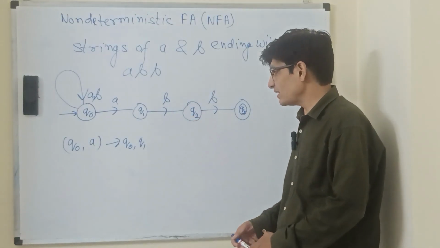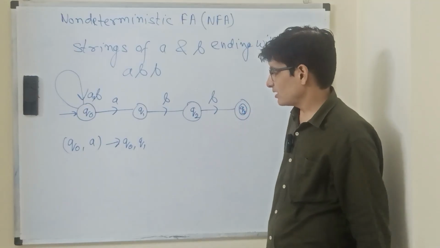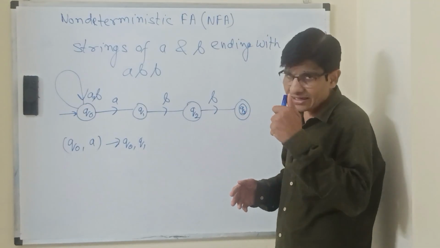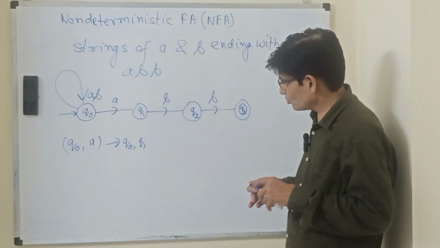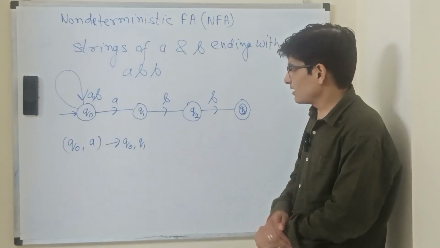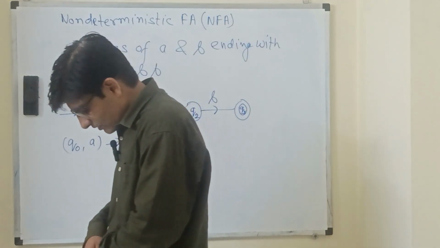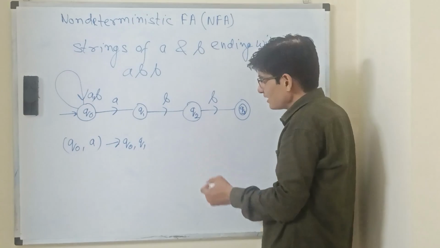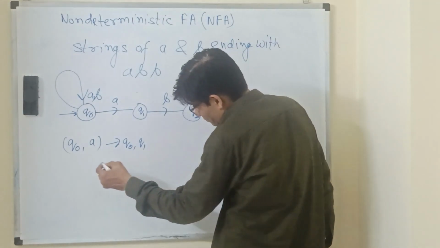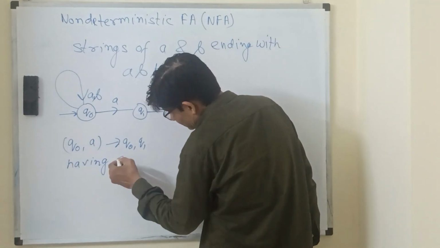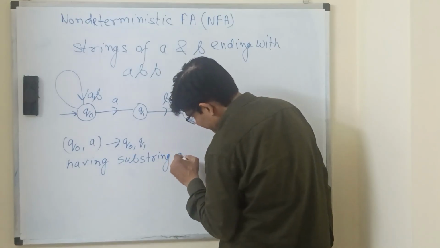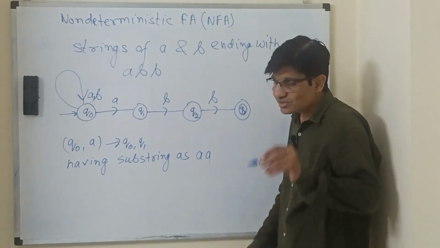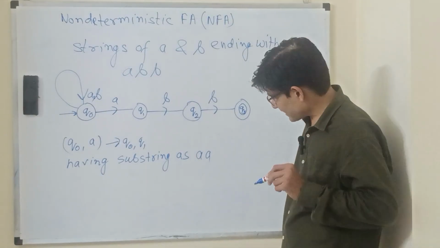And if you have any doubt, you can write me in comments. Now, again, I will tell you to design an NFA for all the strings of A and B having the substring AA, at least one occurrence of AA must be there.